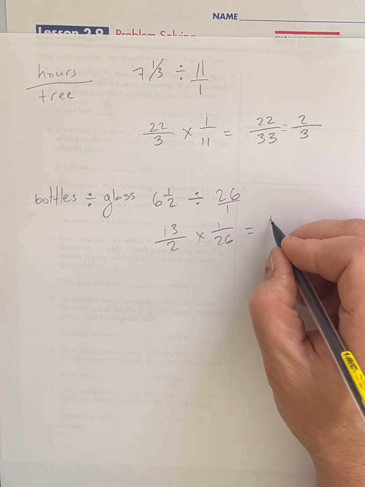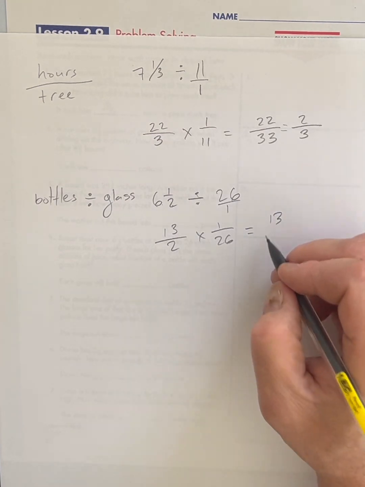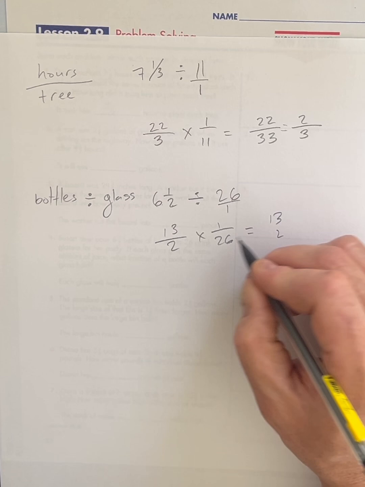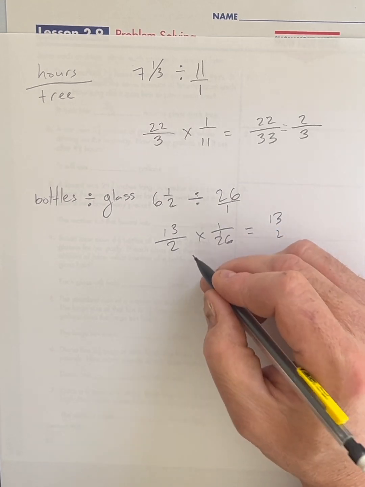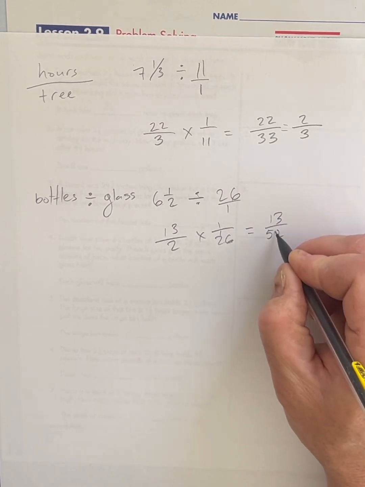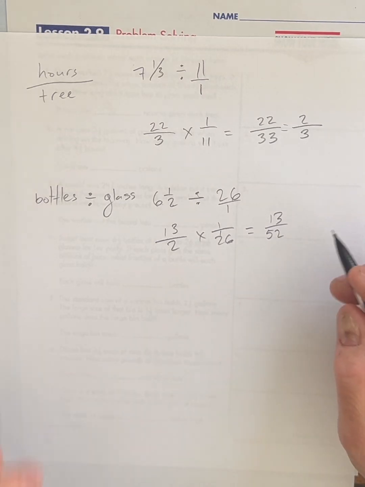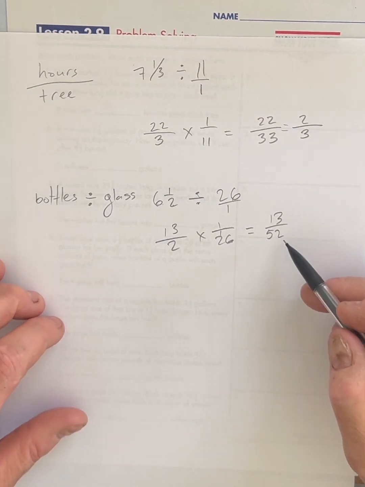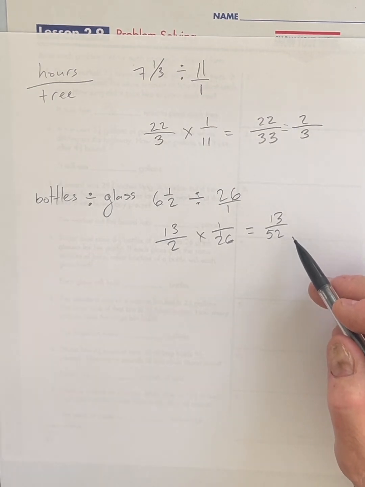13 times 1 is 13. 2 times 26: 2 times 6 is 12, carry the 1, 2 times 2 is 4, 5. 13 over 52. I don't think I can reduce that unless, does 13 go into 52?